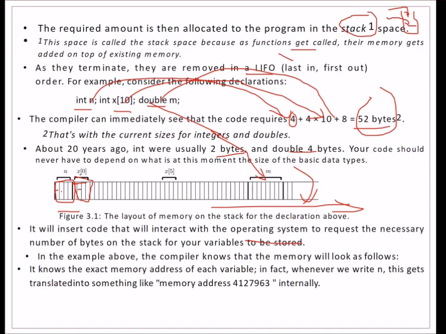This is the memory in the form of a stack. The stack also has a stack pointer, stack variables and a starting point. It knows exactly the memory address of each variable. In fact, whenever we write this n, it gets translated into something like a memory address. You don't have to worry about it, but internally it is like this only.